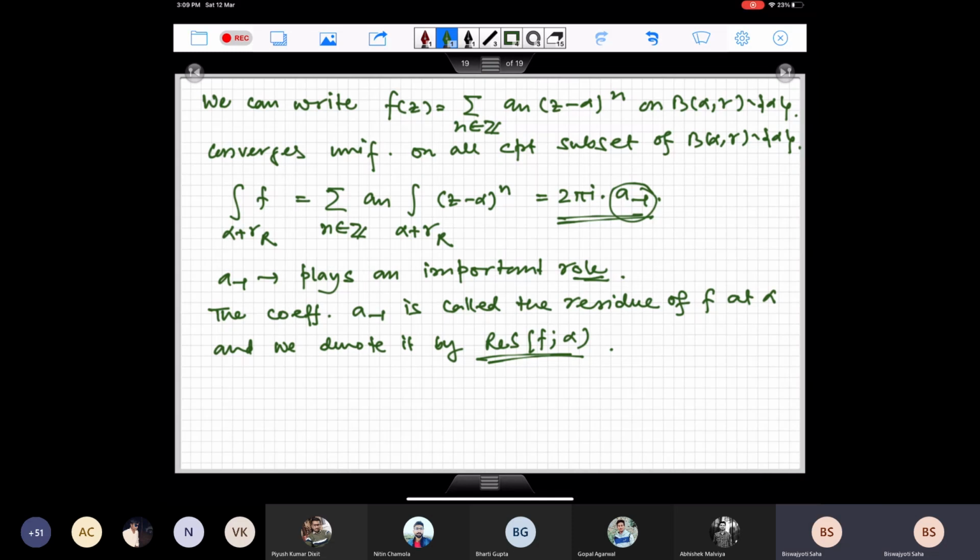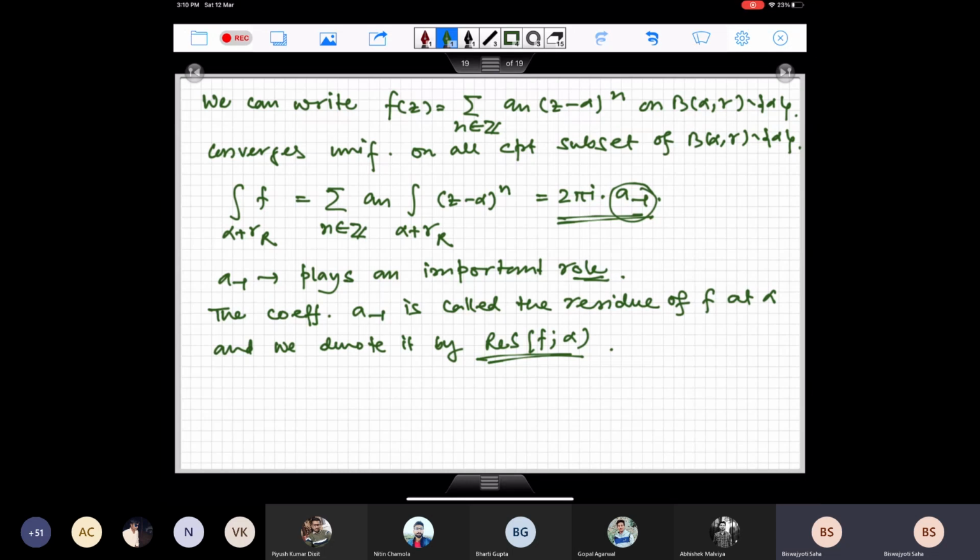Okay, fine. So now it may so happen that once I give you a function, you are not able to find the Laurent expansion immediately. If you do not know the Laurent expansion, how will you know the residue? It turns out that in certain cases you can figure out the residue from other information, like the form of the function.